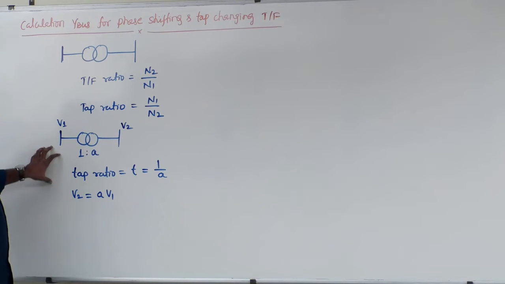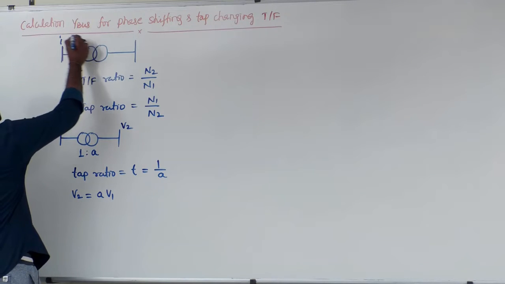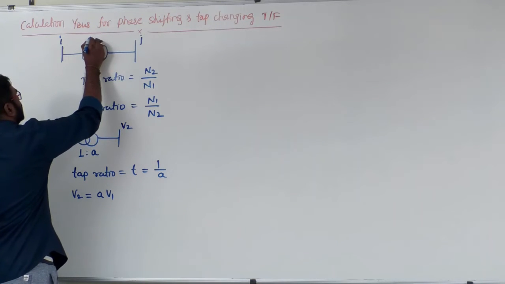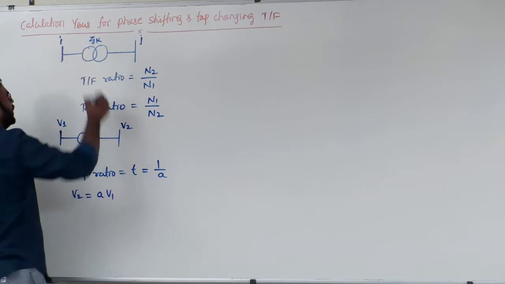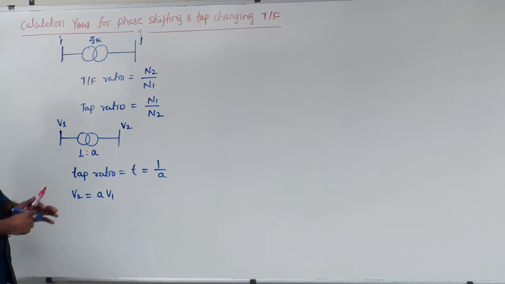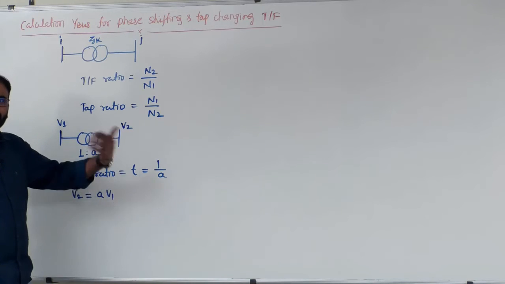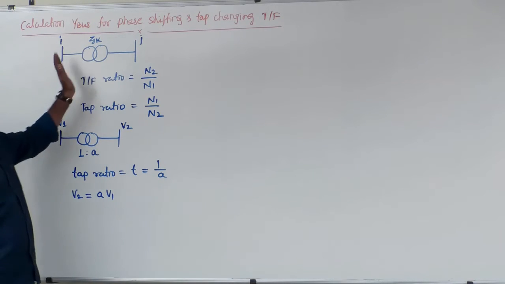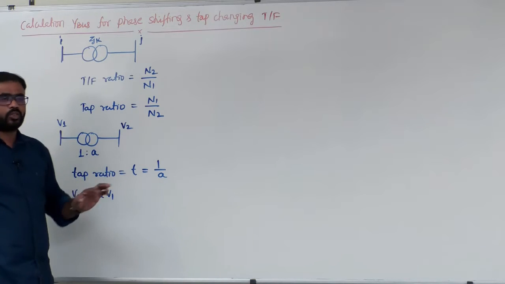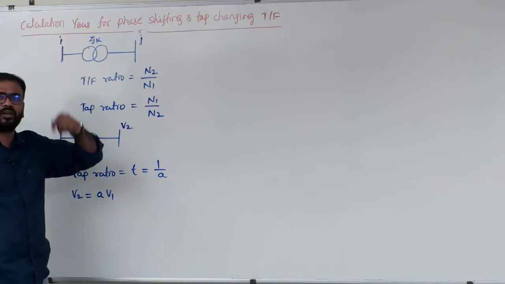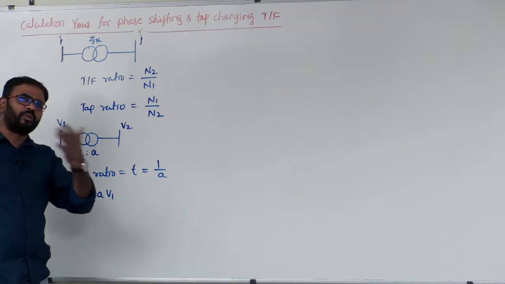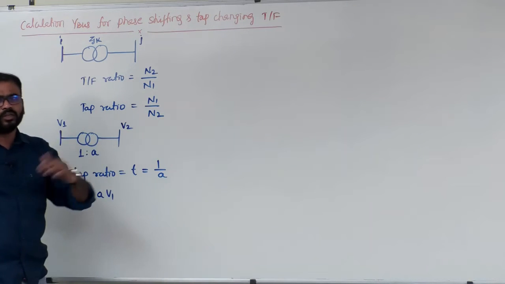Now let's see, this is a transformer connected between the ith bus and jth bus with series impedance, let's say, ZK. The series impedance of the transformer is ZK. Since we are doing it in per unit, referred to primary and referred to secondary are both the same. So this is the series impedance of the transformer in per unit, which may be referred to primary or secondary.